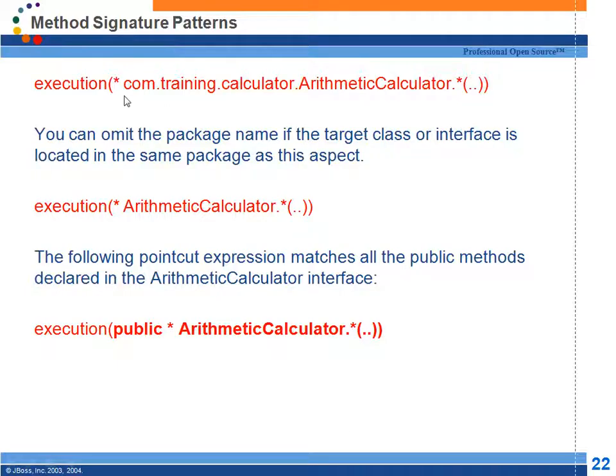See now, this is an AspectJ expression. What does it tell? Return type can be anything. com.training.calculator is a class name, and to any method on this class. Dot. Forget about this. This will be applicable only with annotations, which I will be talking about next.